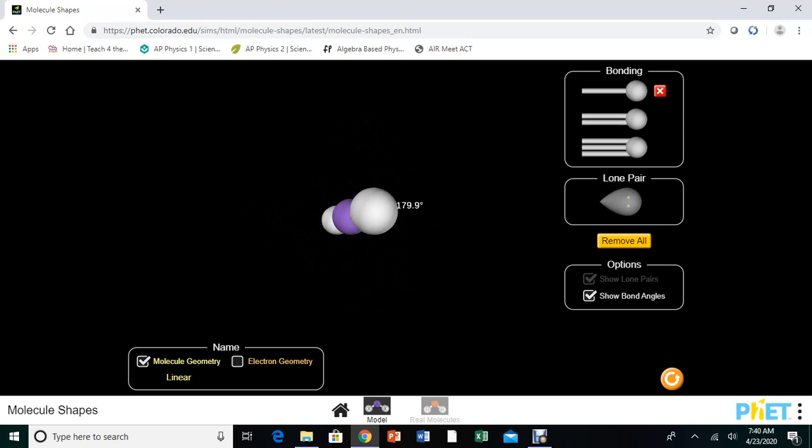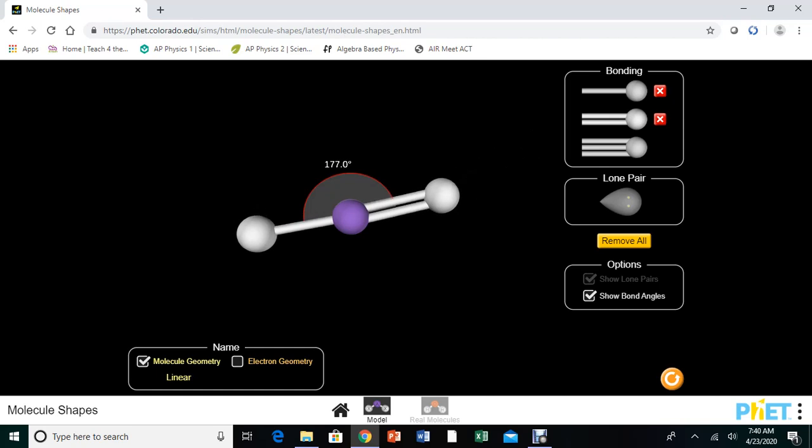So another point that I want to make is that when we put double bonds, it does not change the bond angle or the molecular geometry. So we can have one single bond and one double bond, and this molecule still be linear.